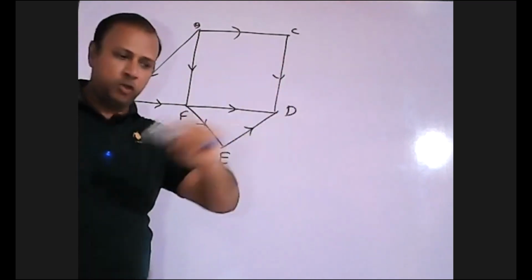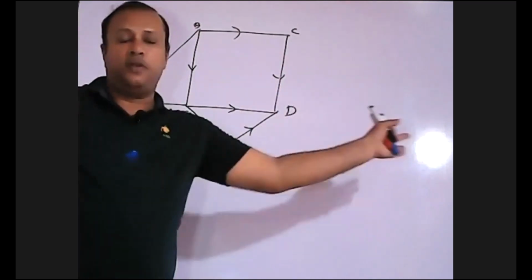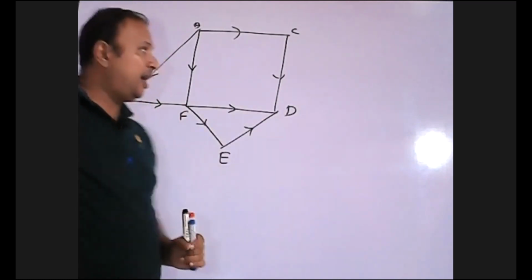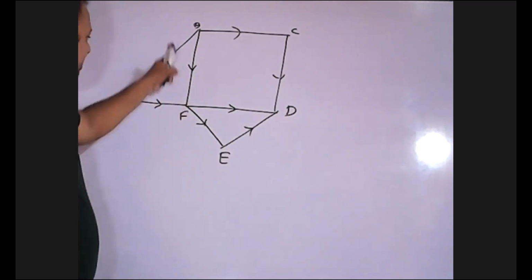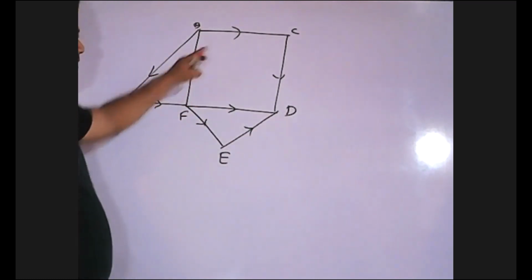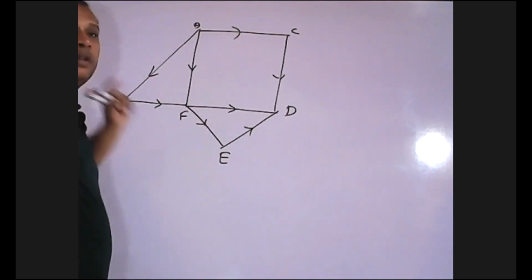If there's a closed loop, you can omit all the forces because their resultant should be 0. Look at this one. Is there any closed loop? No, there is no closed loop.